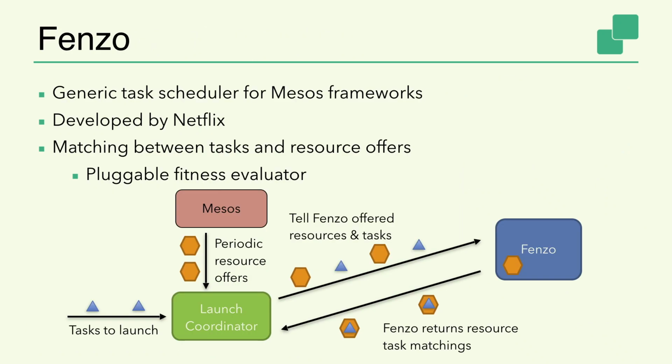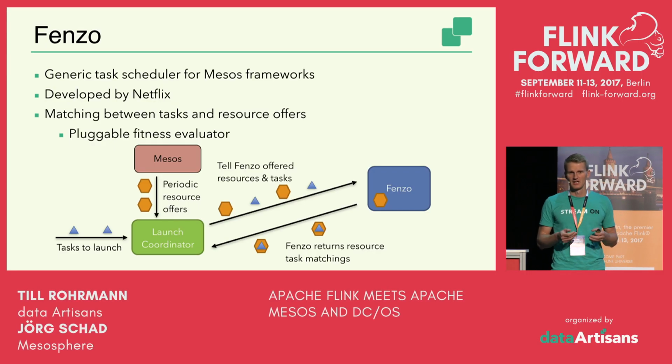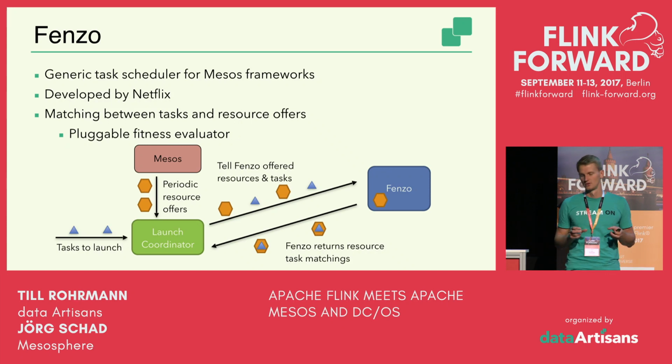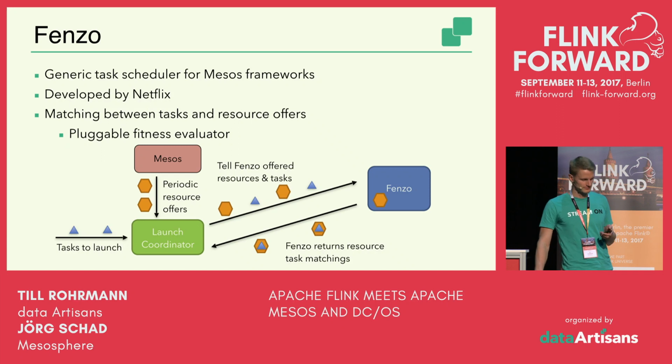I mentioned Fenzo before. Fenzo is, if you wish, a generic scheduler for Mesos frameworks, which is developed by Netflix and does all the logic necessary to match tasks to resource offers. The nice thing about Fenzo is that it is quite pluggable.